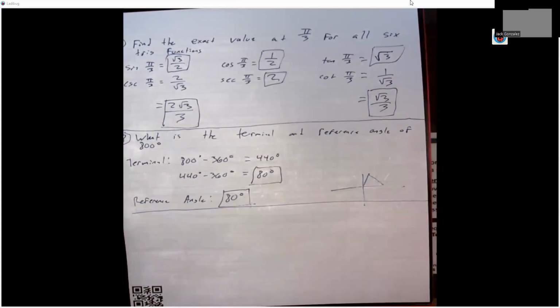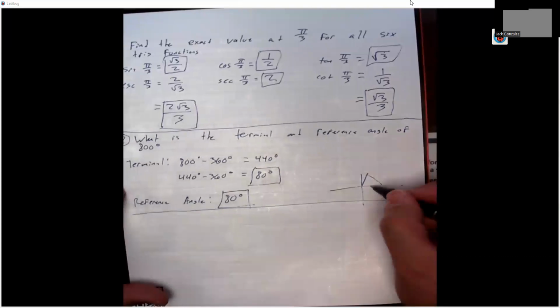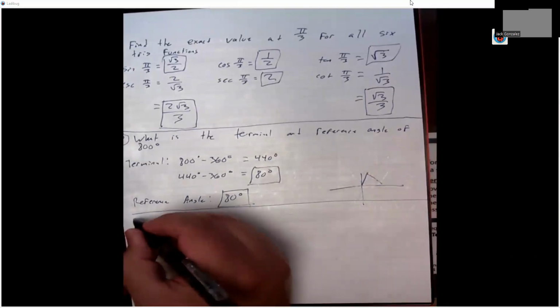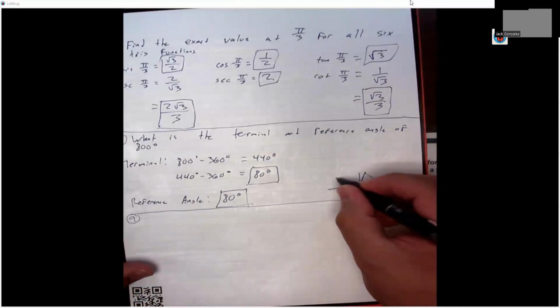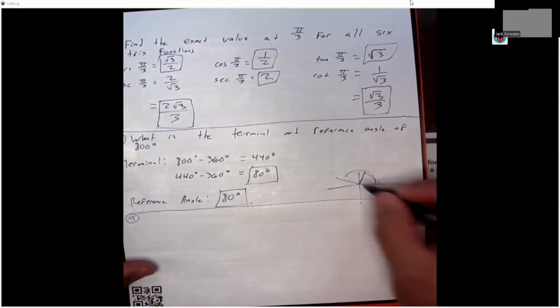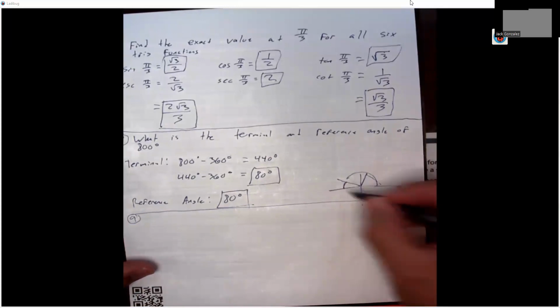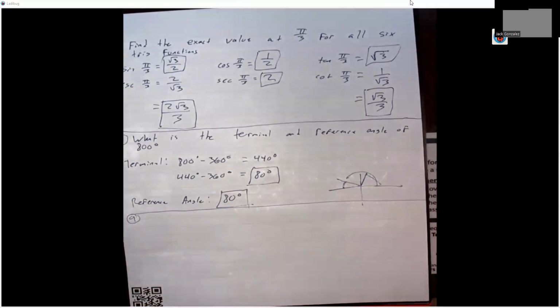When you're in quadrant 1, it will always be the same as your angle. Once you leave quadrant 1, you gotta look at it and see how far am I to get to the x-axis. So if I'm over here, some angle all the way over there, I only care about this distance. That's the reference.